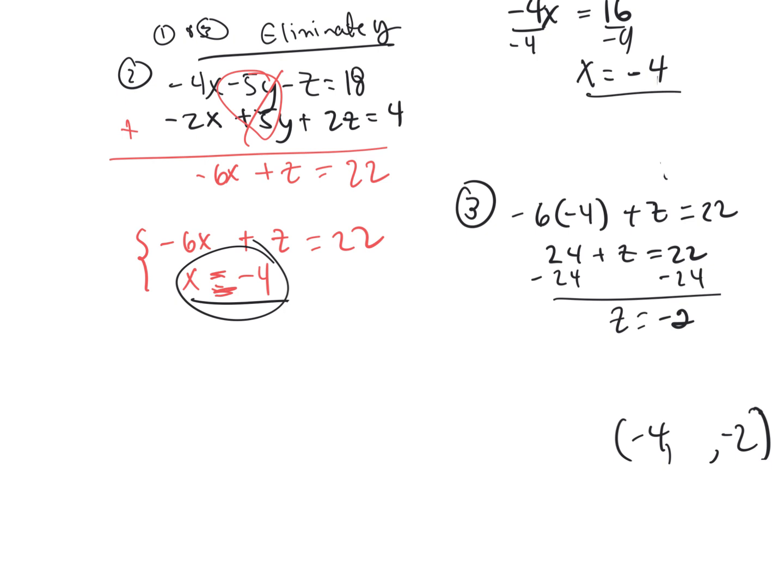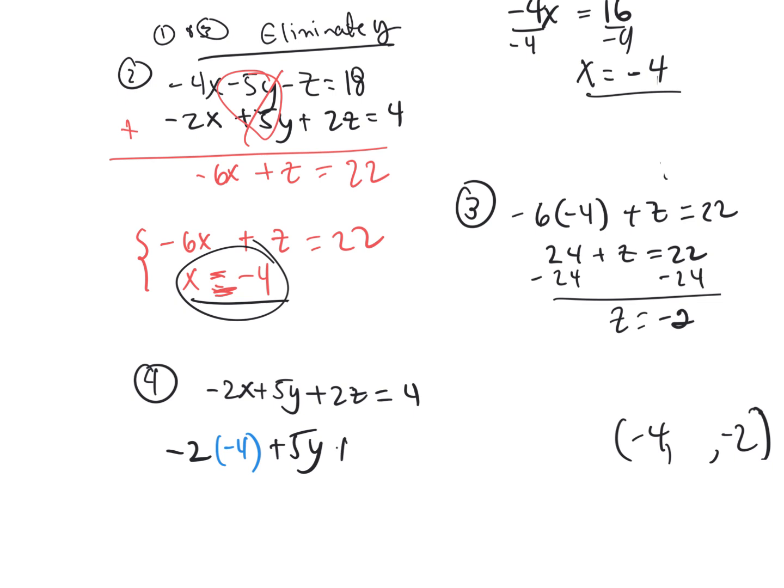For step 4, I'm going to use equation number 3, which is -2x plus 5y plus 2z equals 4. So in place of the x and the z, I'm going to put what the value is. So x is -4. Don't know what y is. z is -2.